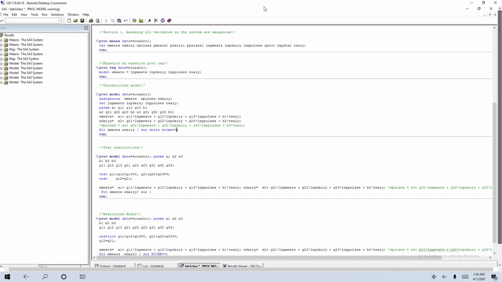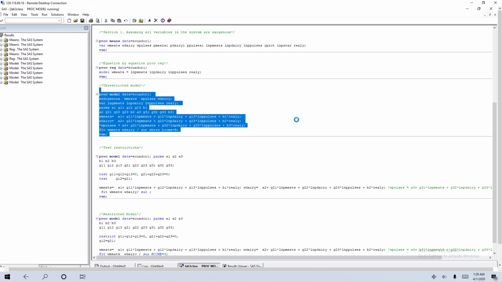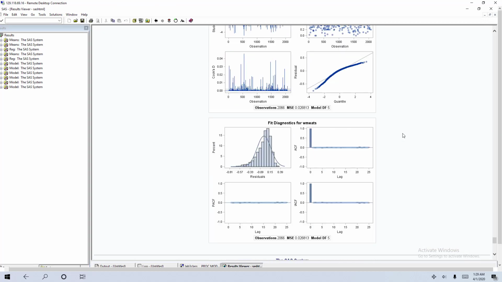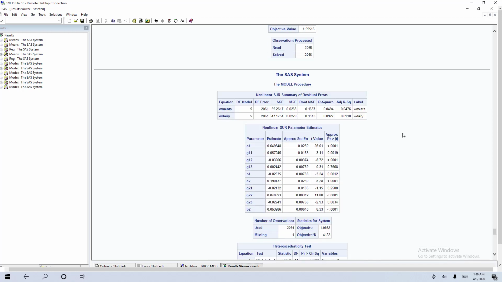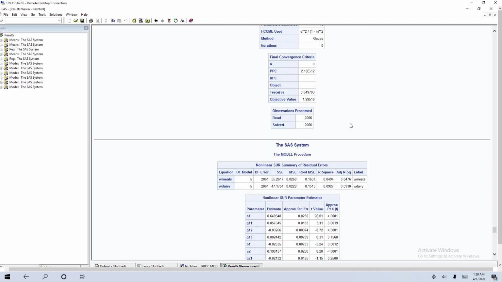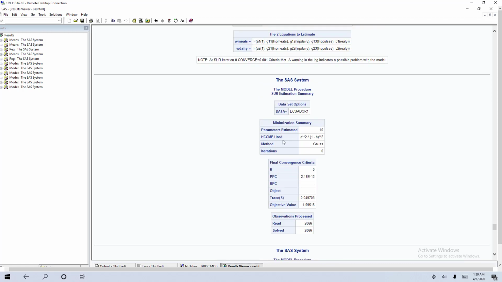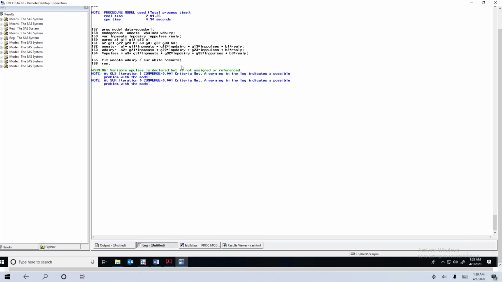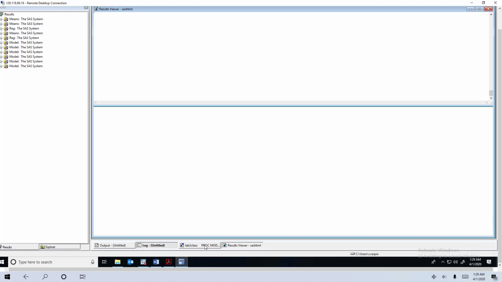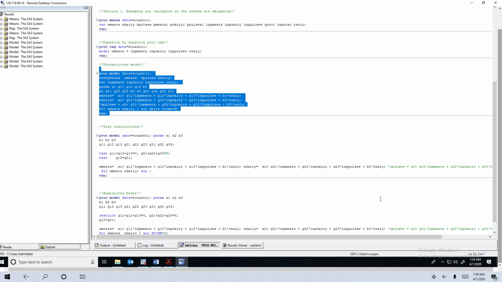Let's see if it's possible. We will see. Okay, so the system estimated. It used the HCC method as we would like. Okay, so everything looks good. So it was possible. So we corrected for heteroscedasticity.